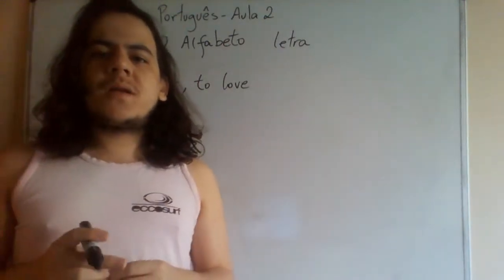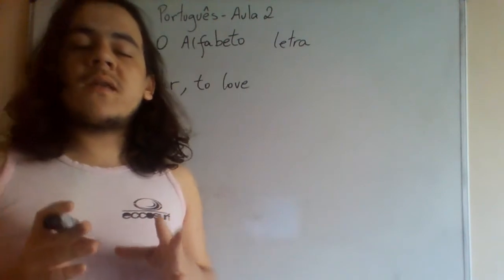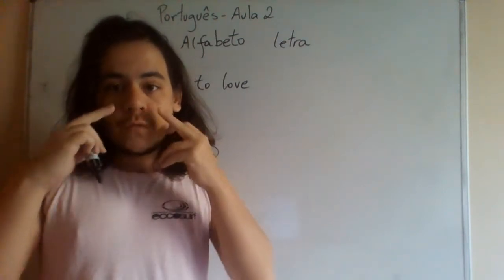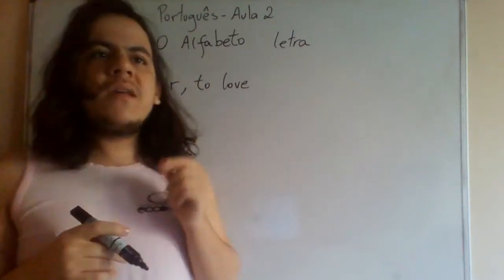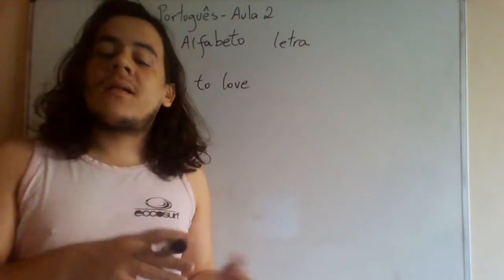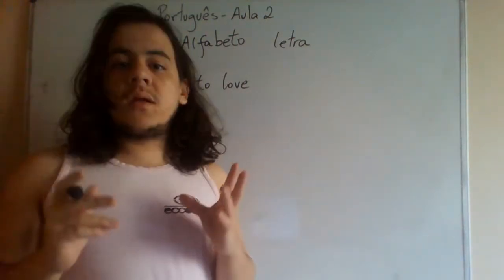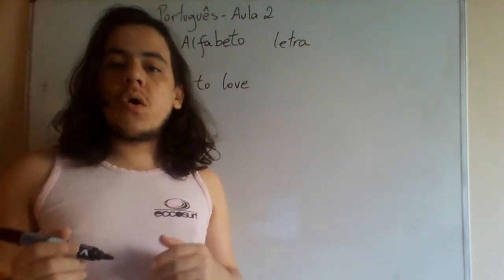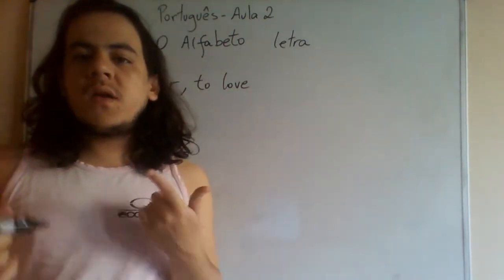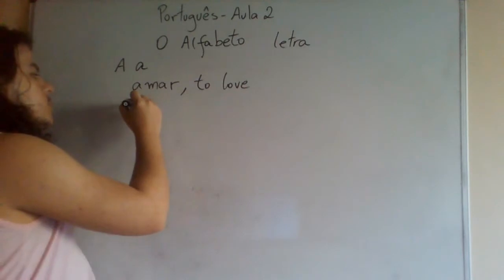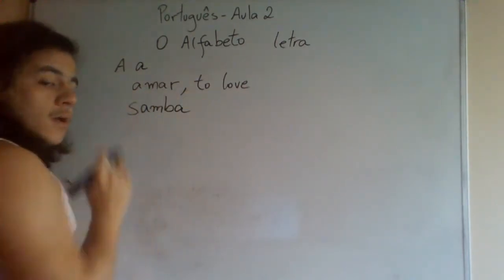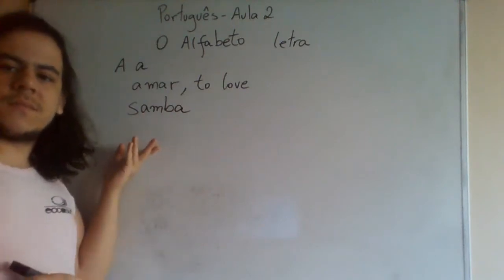Letra A can also have a nasal sound you make with your nose. Basically, this sound happens when letra A is before letter M or letter N, and they are in the same syllable. For example, samba.